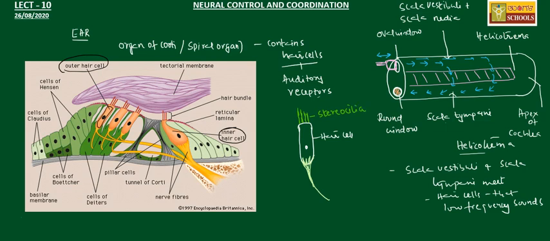These stereocilia will be in contact with a thin elastic membrane called the tectorial membrane.